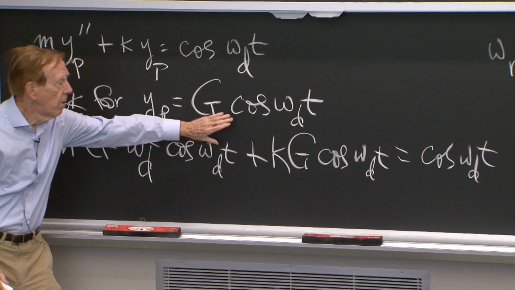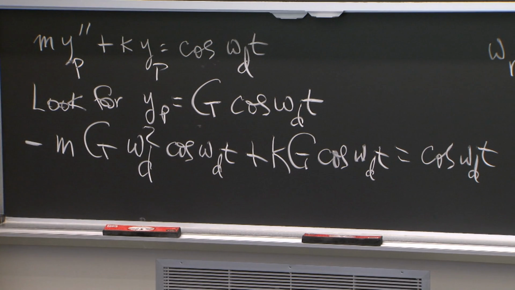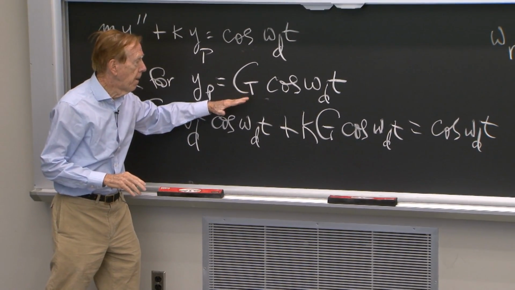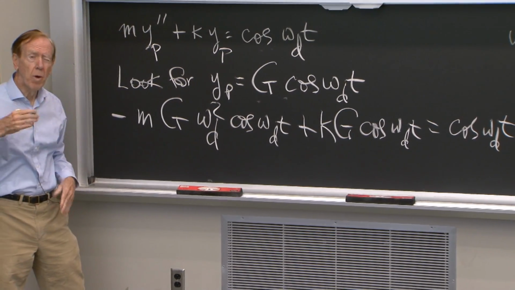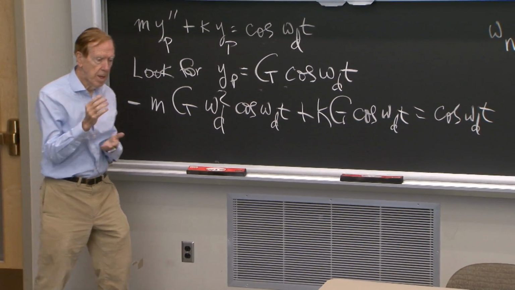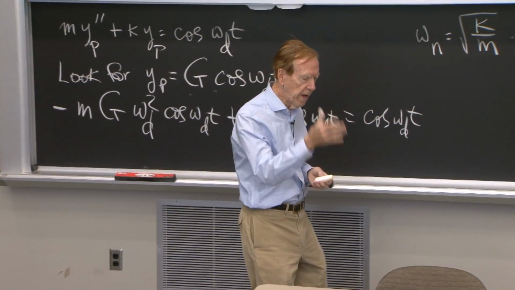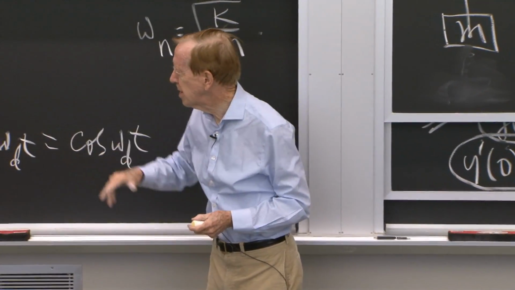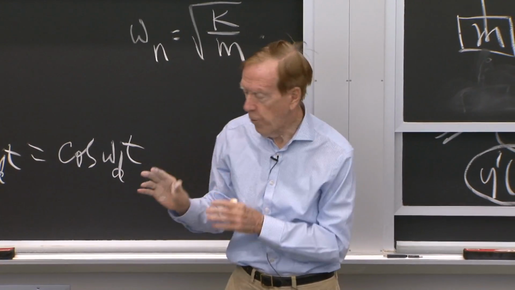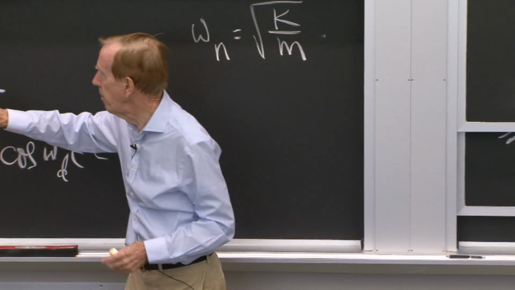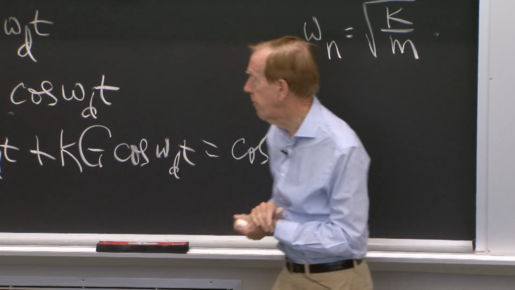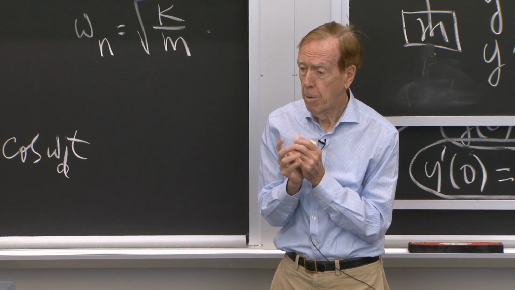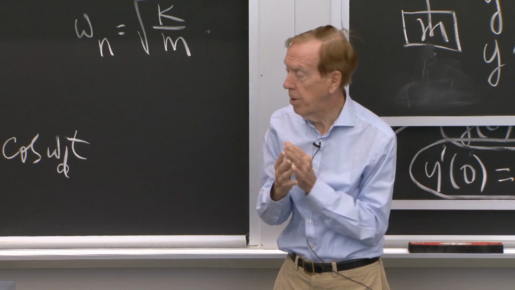This is one of that small family of nice functions where the solution has the same form as the function. That list of best possible forcing functions, where the form of the forcing function tells you the form of the solution, is a small family, but fortunately a very important one.